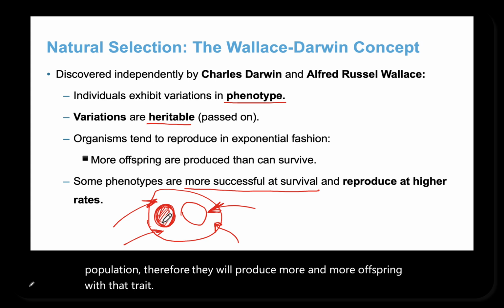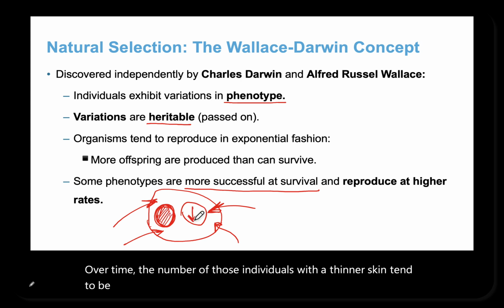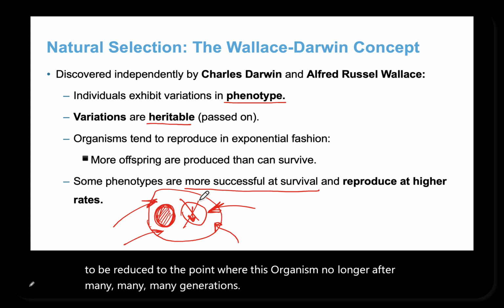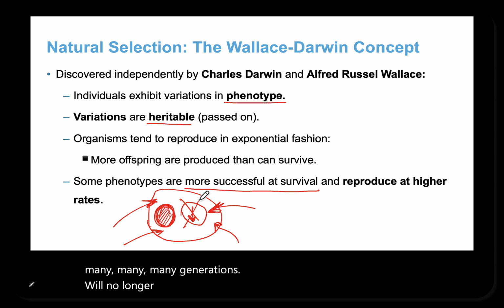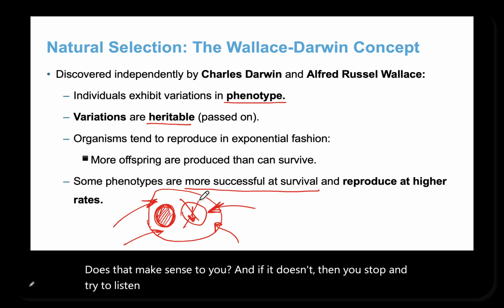Over time, the number of individuals with a thinner skin tends to be reduced to the point where, after many generations, this organism will no longer exist, and only the one with a thicker skin now exists. Does that make sense to you? And if it doesn't, then stop and try to listen to this audio again.